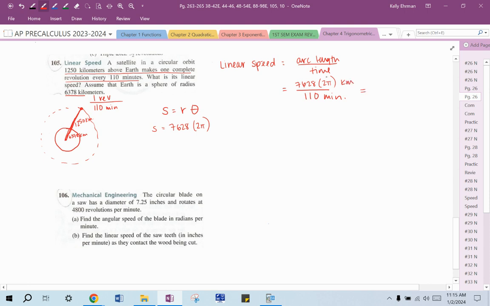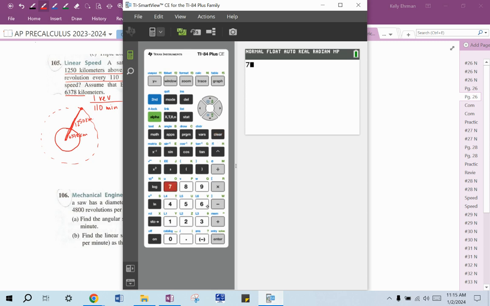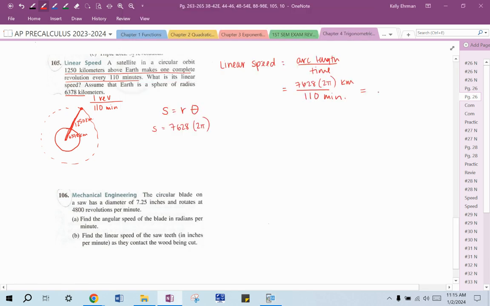So whatever this comes out to, we're going to get kilometers per minute. So that was 7,628 times 2 pi divided by 110. So we're going to round to three places. 435.710 kilometers per minute. That's our linear speed, just about.